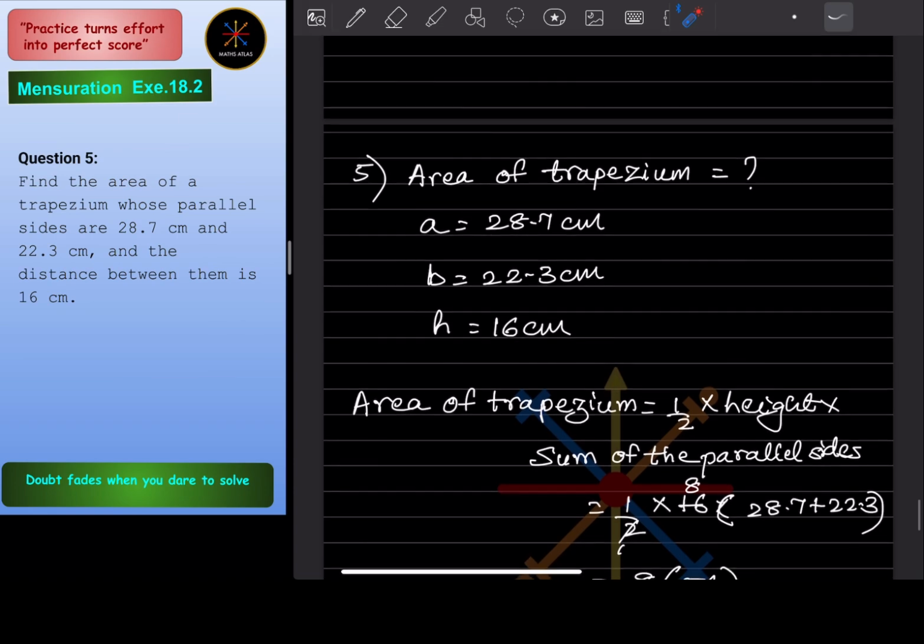Now the next question: find the area of a trapezium whose parallel sides are 28.7 centimeter and 22.3 centimeter, and the distance between them is 16 centimeter. We don't know the area.